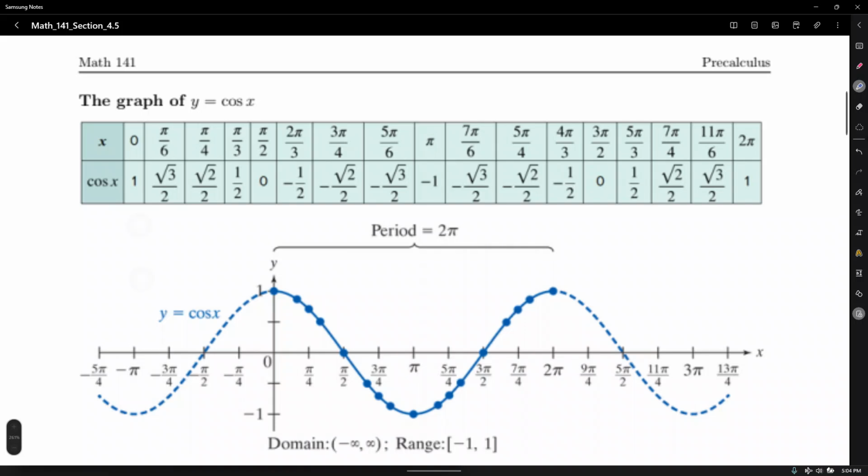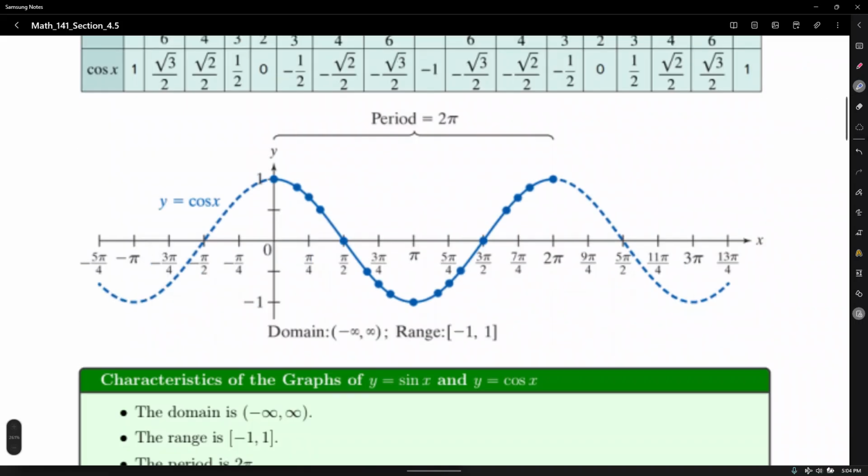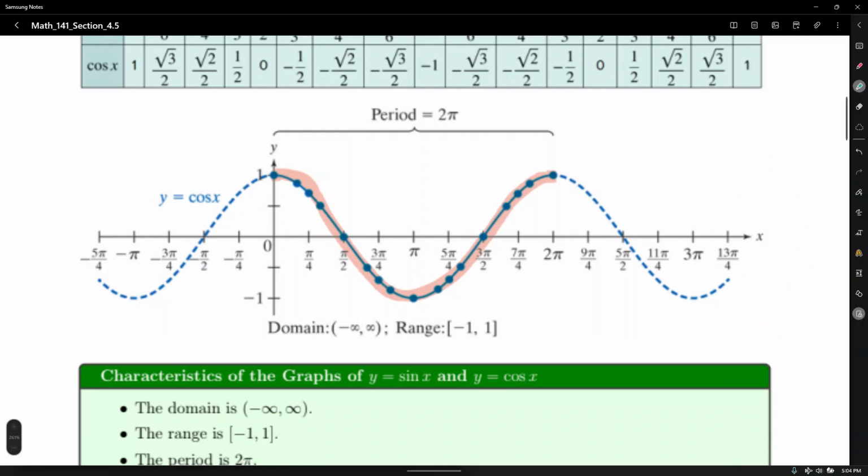is 2 pi. And then look at the shape of the graph. For the cosine function, over one period, it looks like this, between 0 and 2 pi. And then, of course, the graph repeats itself. That is because it completes one period, then a second period to the right, another period to the left.